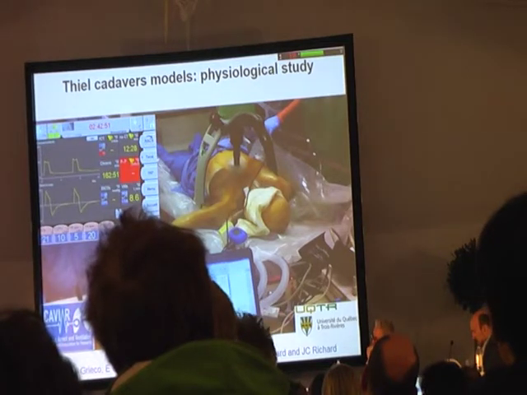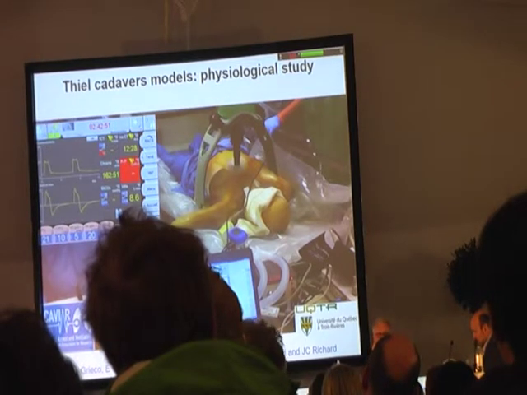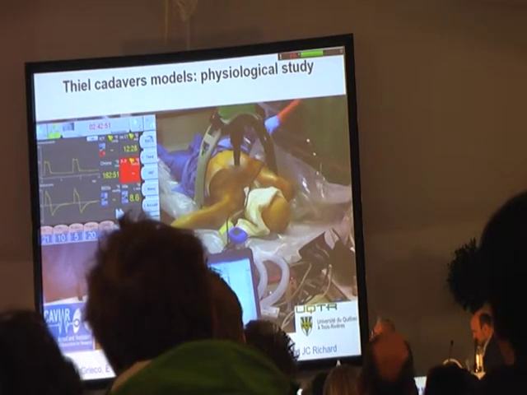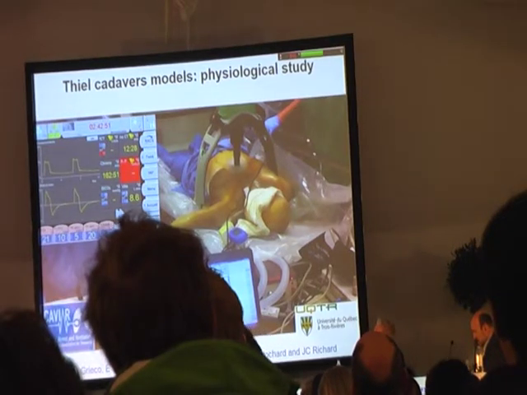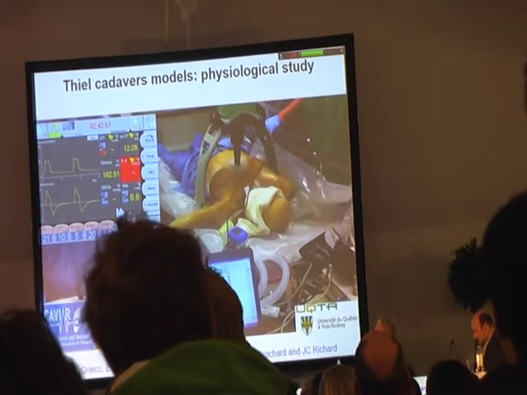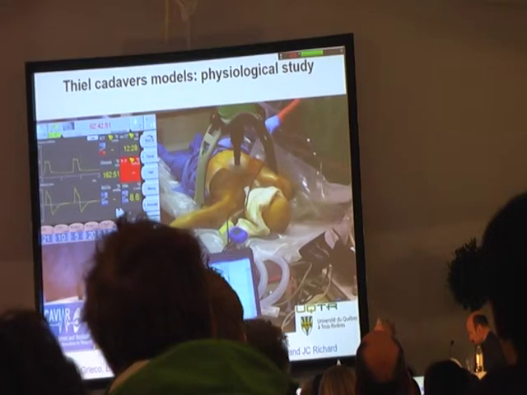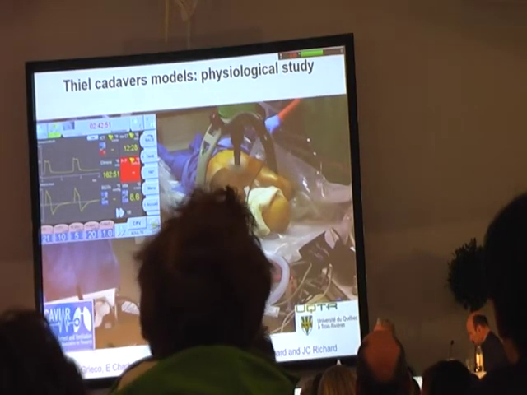It is also a unique opportunity to put into the human corpse an esophageal balloon and pleural pressure sensors to measure the pressure generated by chest compression in the thorax, which, as you know, is very important for circulation, and to study different strategies of ventilation.